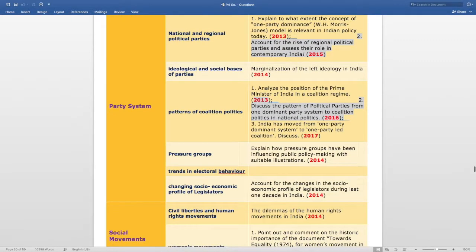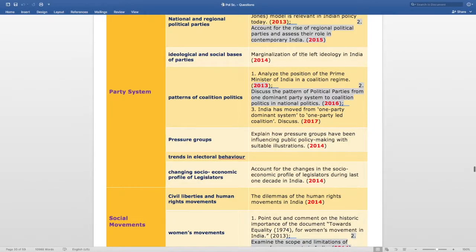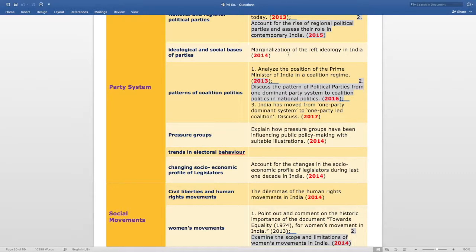Next question: account for the rise of regional political parties and assess their role in contemporary India. It is asked in 2015. The next subtopic is ideological and social basis of parties. The question is: marginalization of the left ideology in India, asked in 2014.